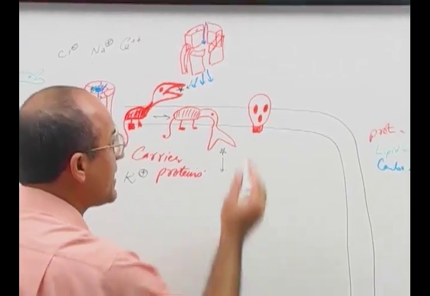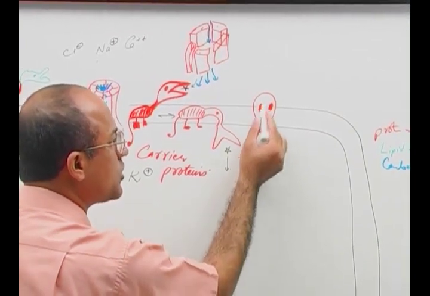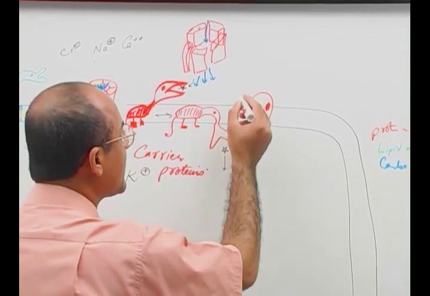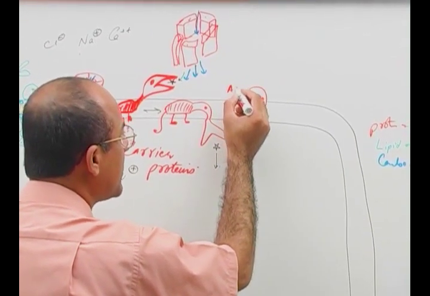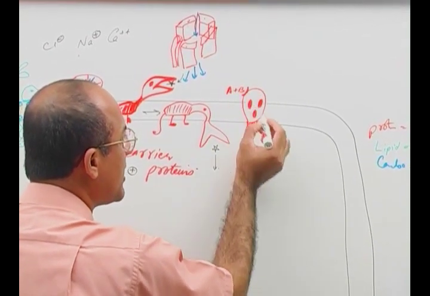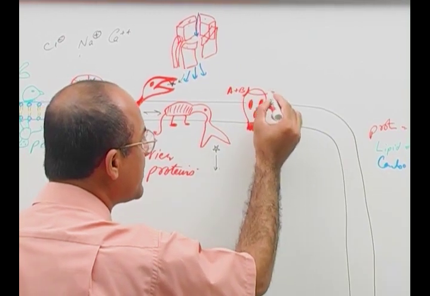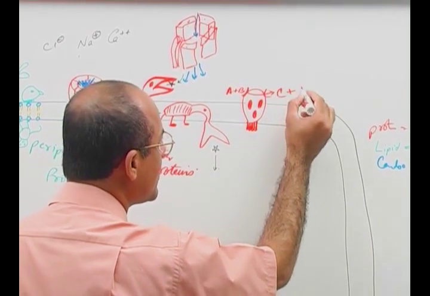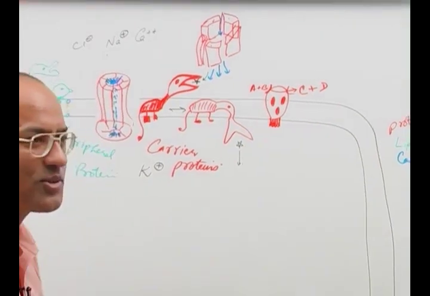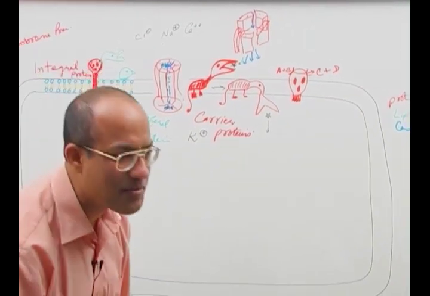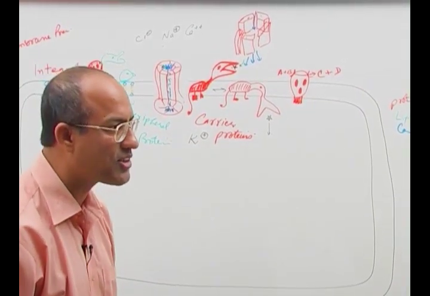And these proteins, even though they are through and through the membrane, can get a substance, bind substance A plus B with them and then release them as C plus D. What is this protein? Enzyme. This is the metabolic function of enzyme.